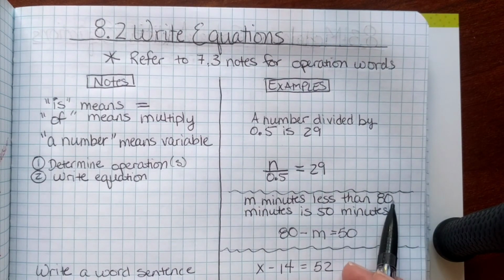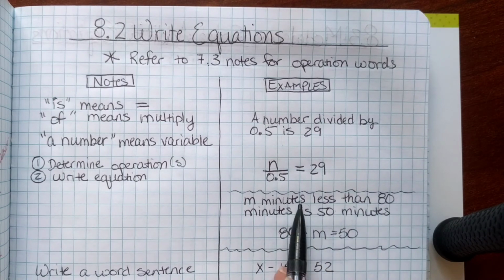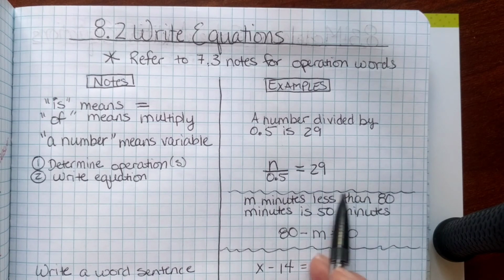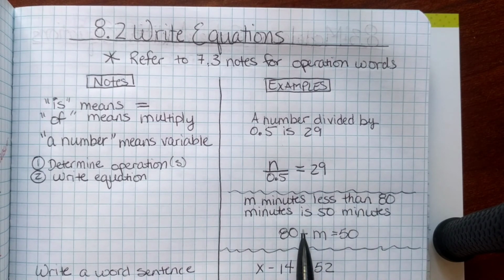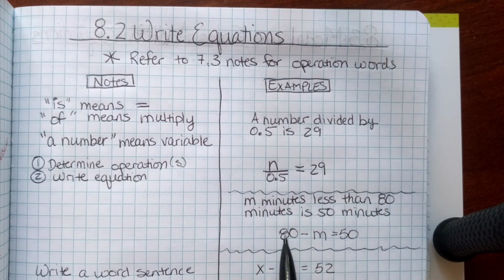M minutes less than 80 minutes is 50 minutes. So remember, less than is a turnaround word, meaning it doesn't get to go at the beginning. You have to flip it to the other spot. Okay, so in this case, it goes behind the 80.